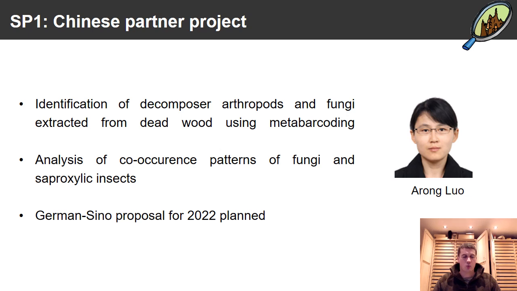Our entire project will be conducted in close collaboration with Arong Luo, who will be in charge of the identification of arthropods and fungi from deadwood using metabarcoding, and who will have a deeper look at the co-occurrence patterns of fungi and saproxylic insects.